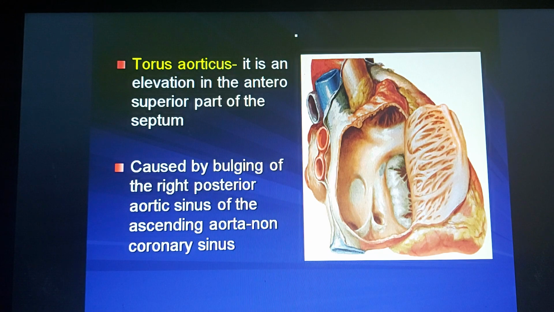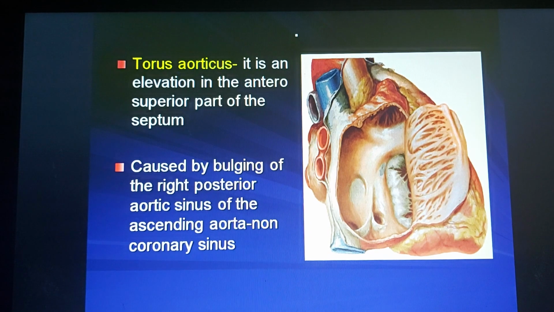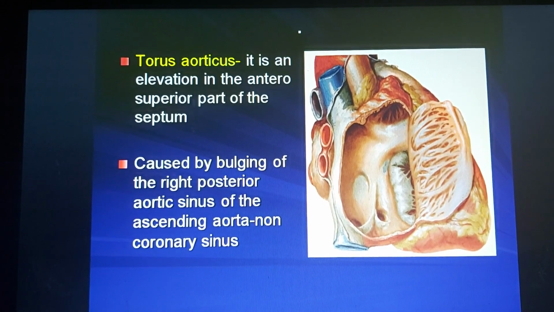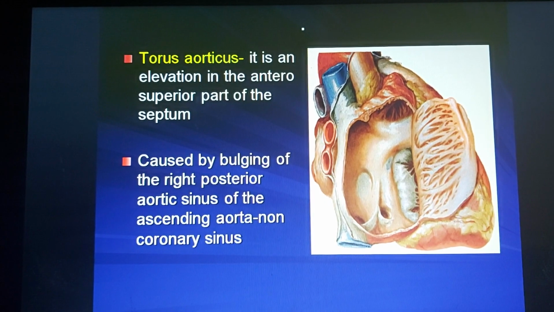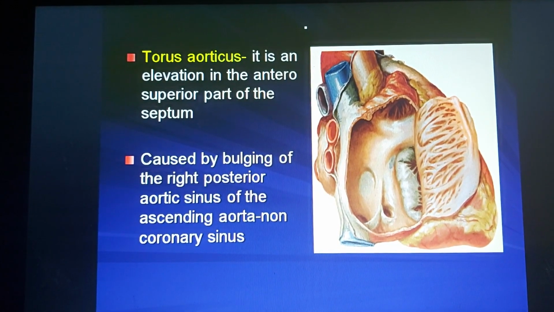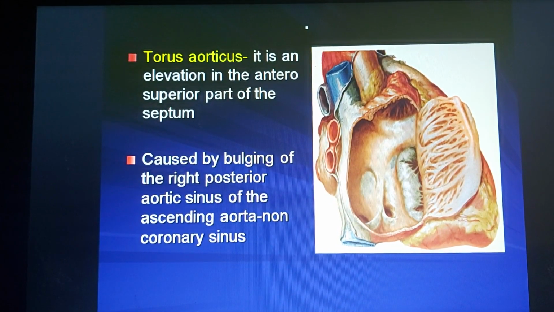It is an elevation in the antero-superior part of the septum. It is caused mainly by bulging of the right posterior aortic sinus of the ascending aorta.